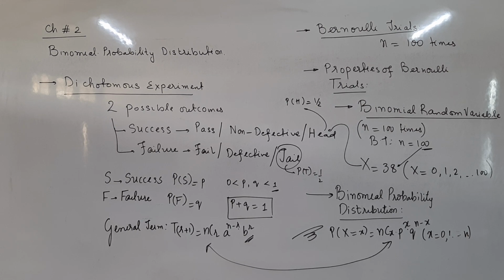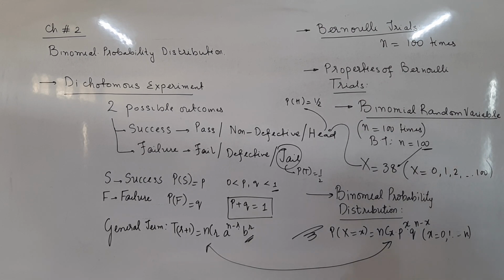So in short, what is binomial probability distribution? The probability distribution of a binomial random variable x is called binomial probability distribution.